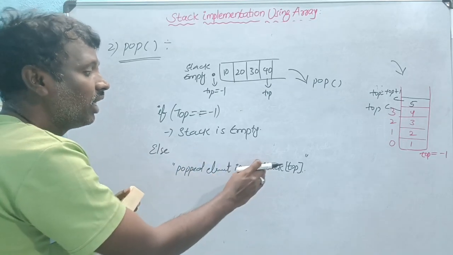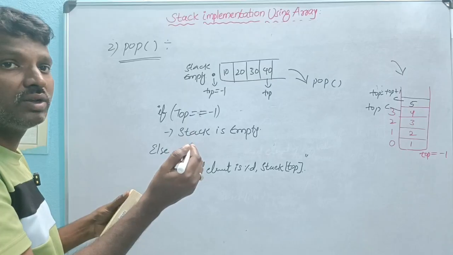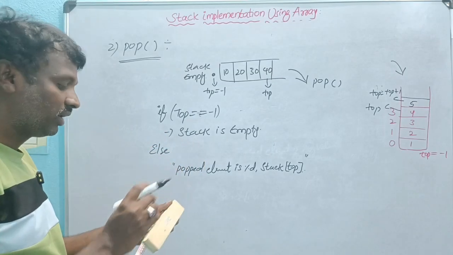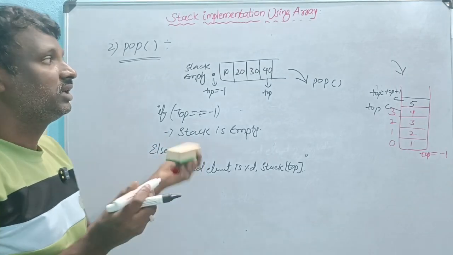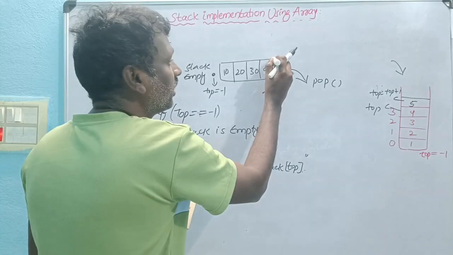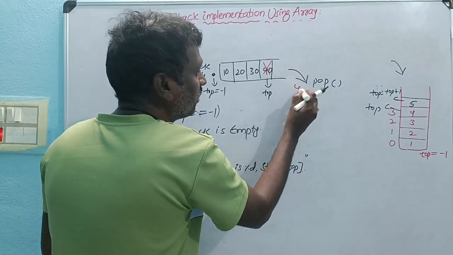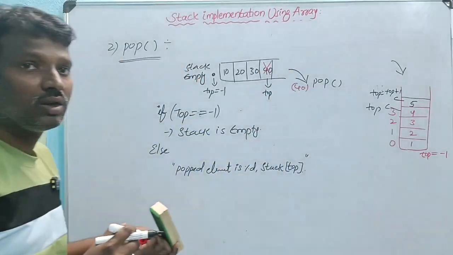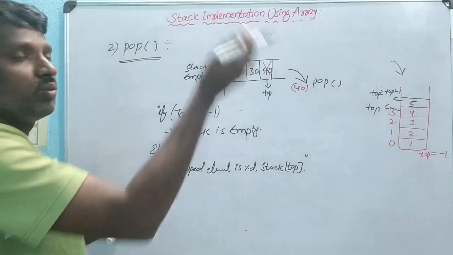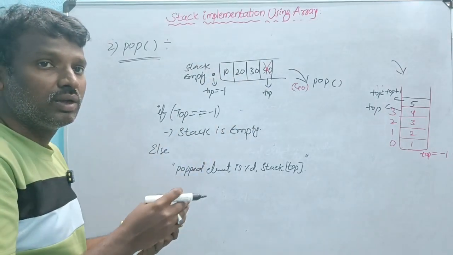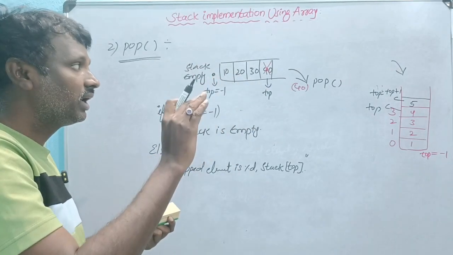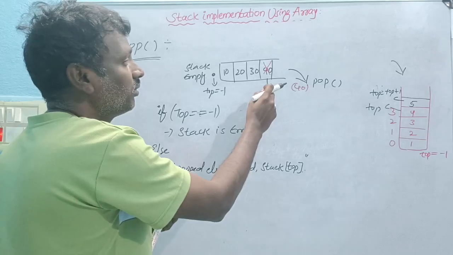So that's why we write this after successful completion of the pop operation. Observe the figure in the diagram: 40 will be popped. Then the top position, what happened? Top will be decreasing. So this is the top.